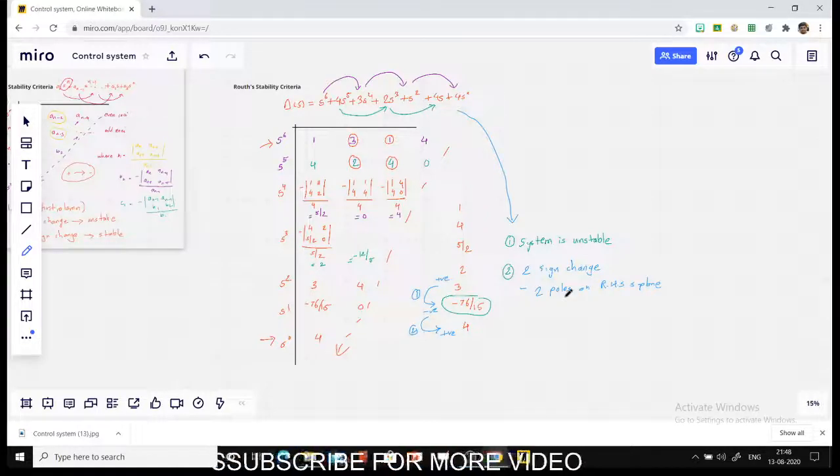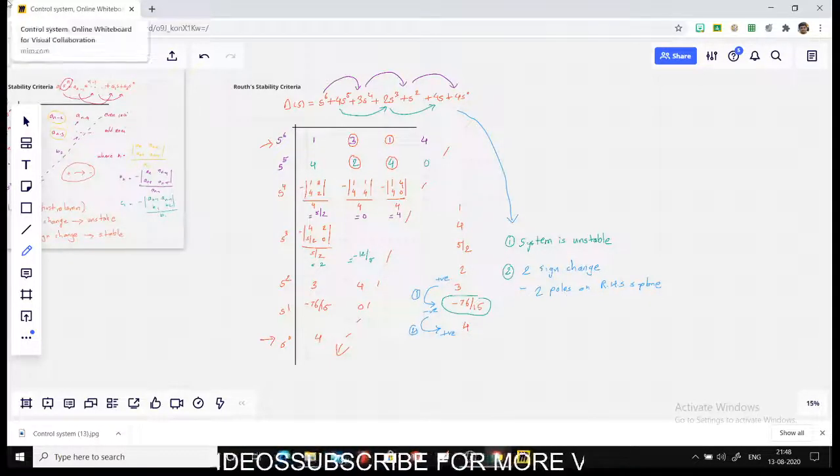So you need to find two answers for Routh criteria: one about the stability, and one about the number of poles on the right hand side if the system is unstable. If it is stable, all poles will be on the left hand side. This is how you solve the Routh criteria.